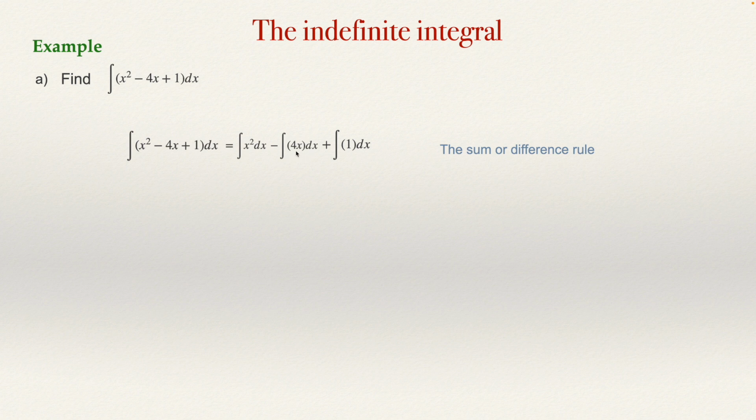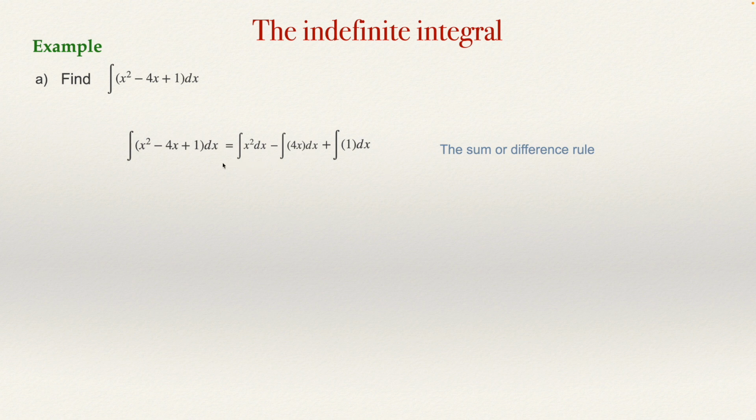And now here we observe that we have a constant 4 multiplied by a function x. So I can think that this integral is just 4 multiplied by the integral of x dx. So I can think in this that it is a constant multiplied by a function. And anytime that we have something like this, we can get the constant multiplied by the integral of the function.